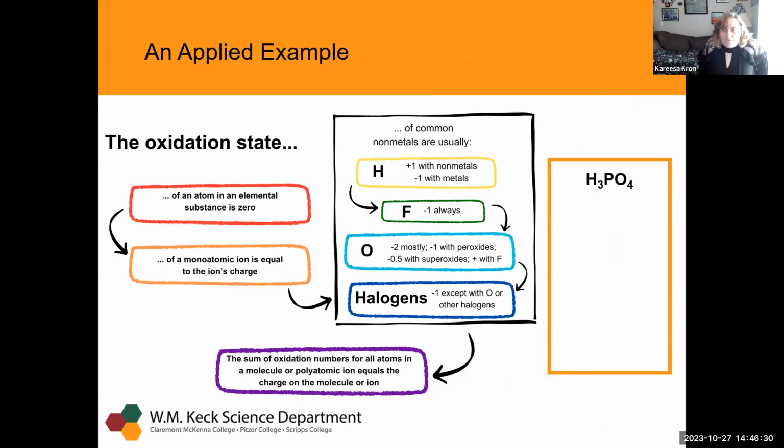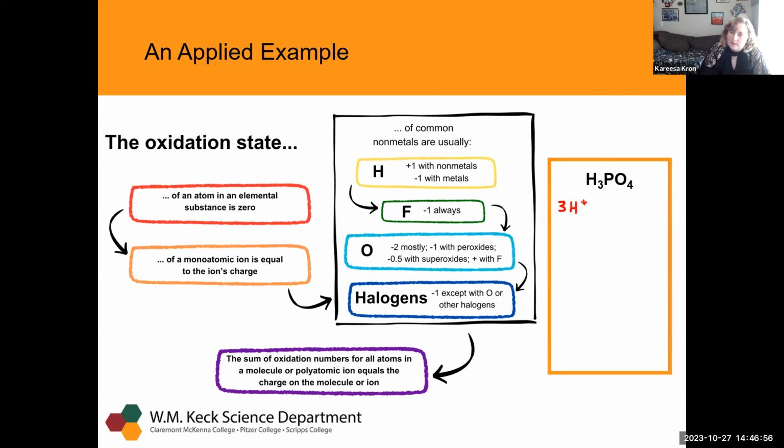So phosphoric acid here is something we can try to determine the oxidation state for. And so our first rule is if it's elemental, then it's 0. And we don't have anything elemental here. And then it says a monatomic ion is equal to that ion's charge. And so we can here pretend that we can split this into an ionic compound.